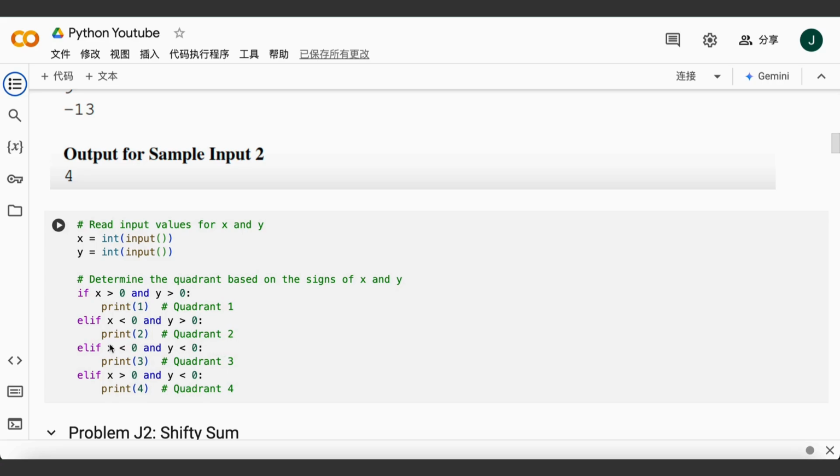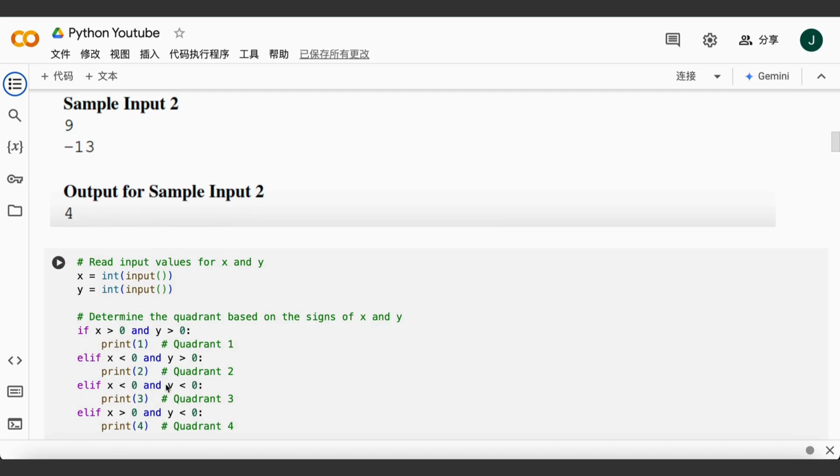And if x is smaller than 0 and y is smaller than 0, that's quadrant 3. And else if x is bigger than 0 and y is smaller than 0, that's quadrant 4, right? So it's very basic logic that we got from the problem description. So that's one thing.